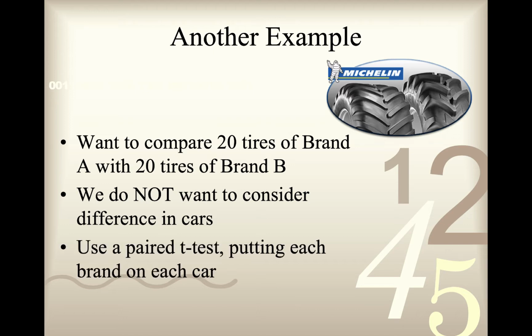All right, so we would want to use a paired t-test, putting each brand of tire on each car. So much like the Nike Adidas example, a car would drive around with brand A for a set time, and then the car would put on brand B and drive around again for that same set time. All right, and then we would combine the results across all the cars.